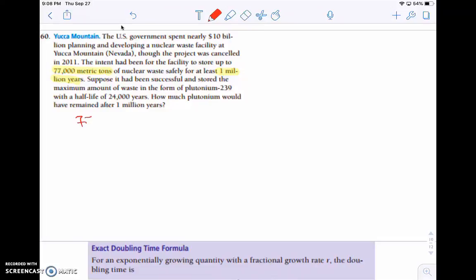So we'd start with 77,000 metric tons, times our 1/2, and this would be raised to the 1 million years divided by 24,000 years, and this is approximately 2.20 times 10 to the minus 8, and this is in metric tons.